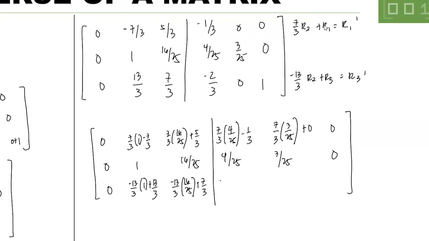We have negative 13 over 3, so 4 over 25 minus 2/3. And then we have 13 over 3 times 3 over 25 plus 0. And then we have 0 plus 1. Okay?